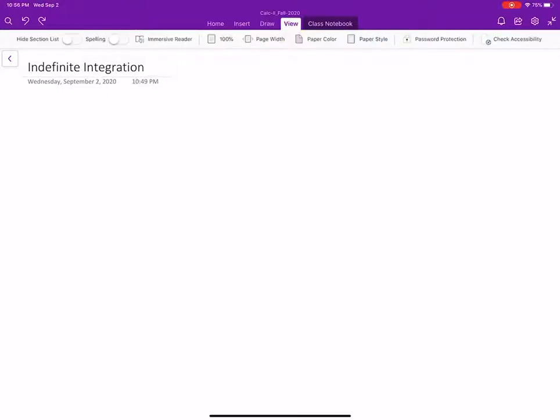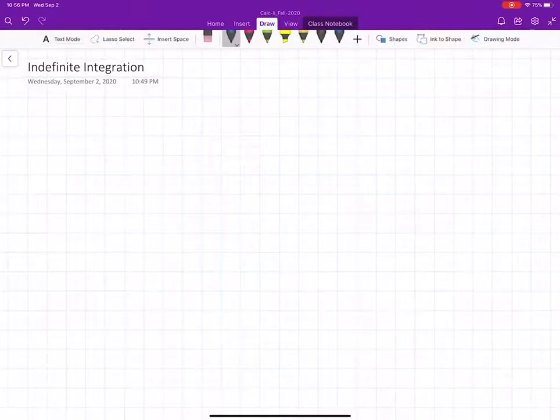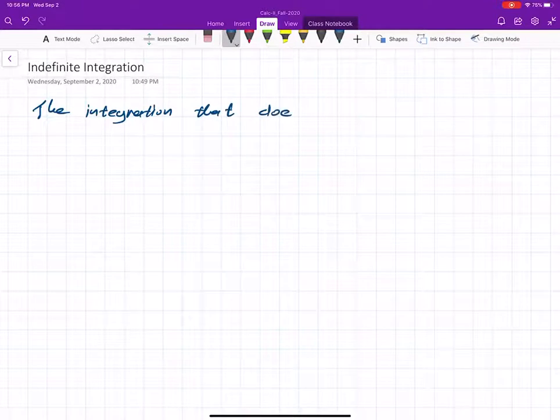Since you learned definite integration, you know that definite integration involves bounds.